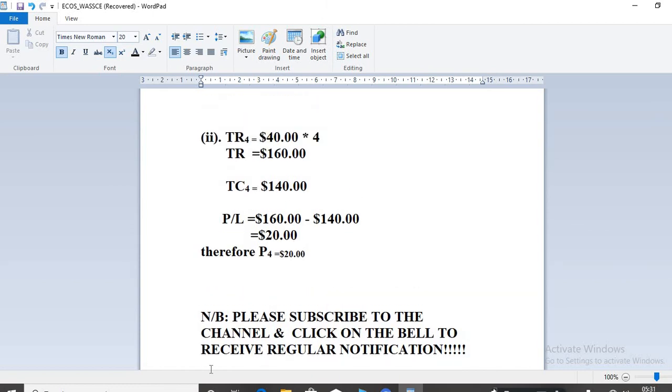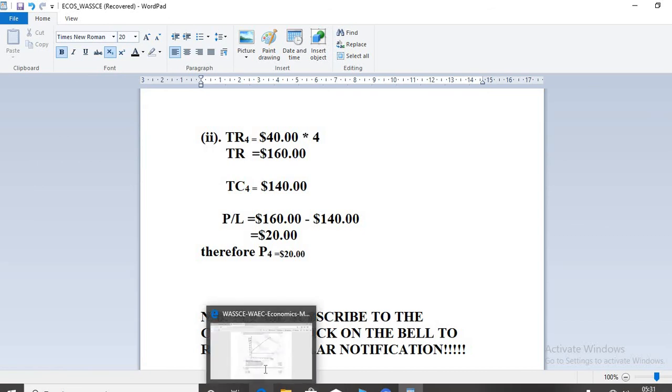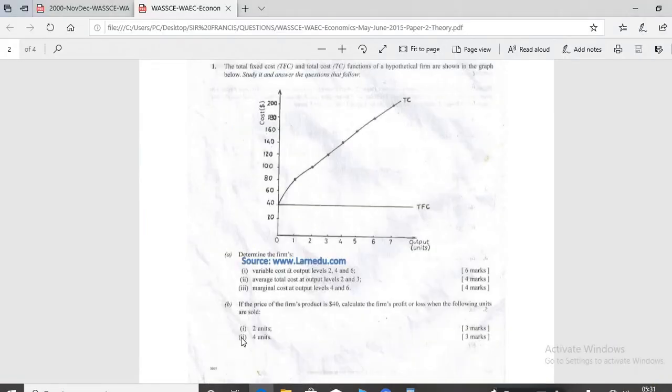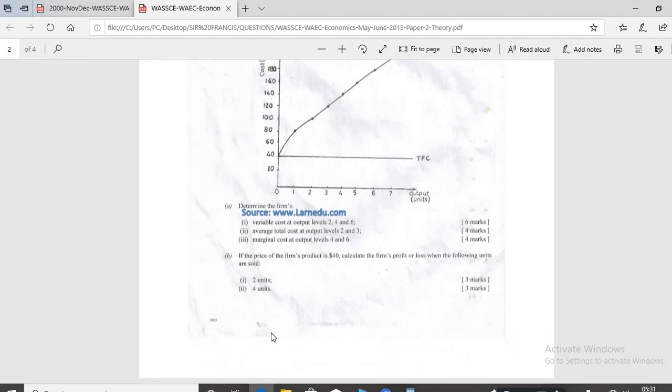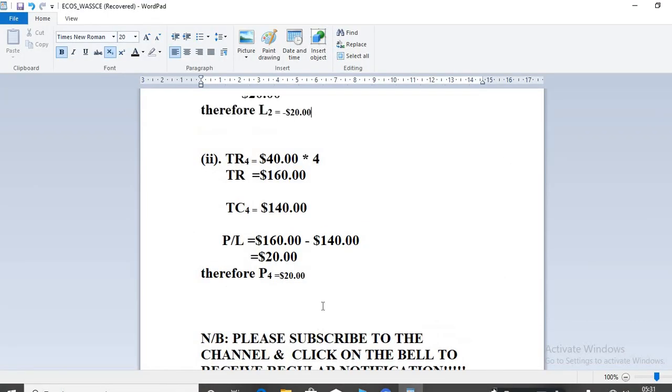So this is all for the requirements for question B under question 1. And this brings us to the end of question number 1. We are done with the solution for question number 1.